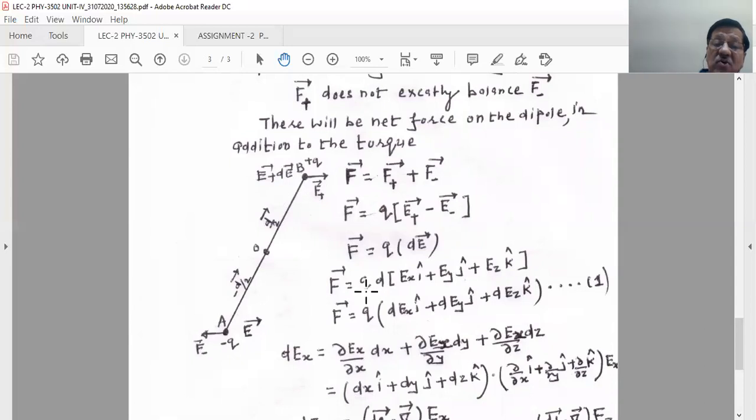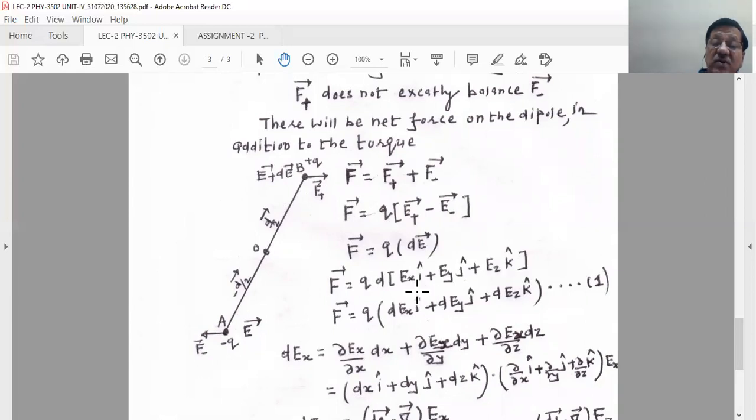So I write down Q. This is change in electric field, in the three components, because I solve in a Cartesian coordinate system. So I write down Ex i plus Ey j plus Ez k. So d means change in electric field.